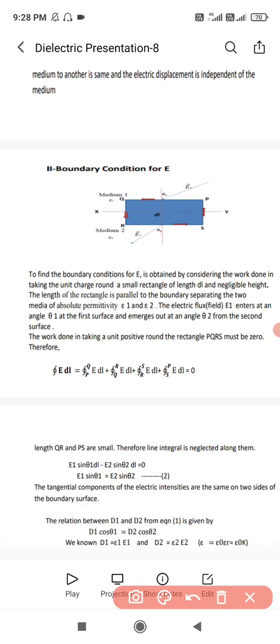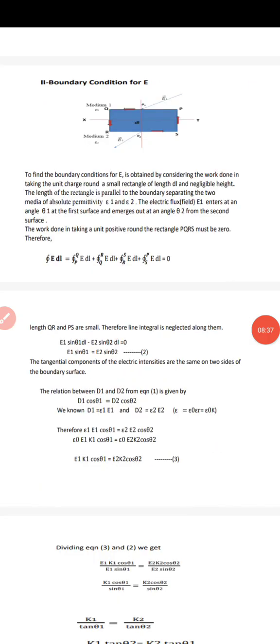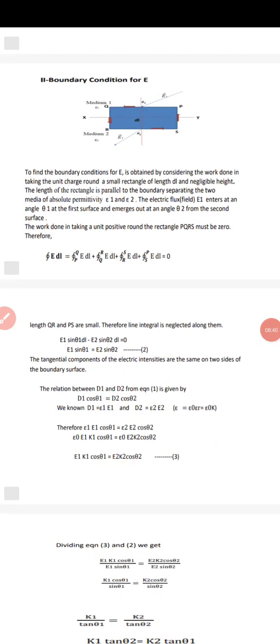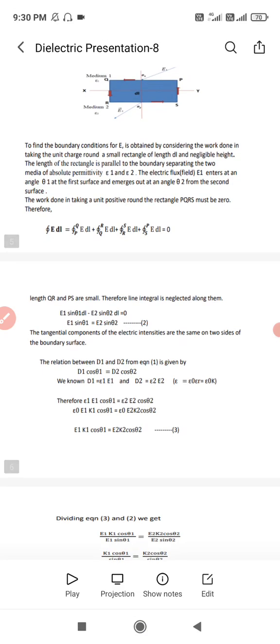Therefore, E1 sin theta 1 dl minus E2 sin theta 2 dl equals 0. Since dl is common, we get E1 sin theta 1 equals E2 sin theta 2.